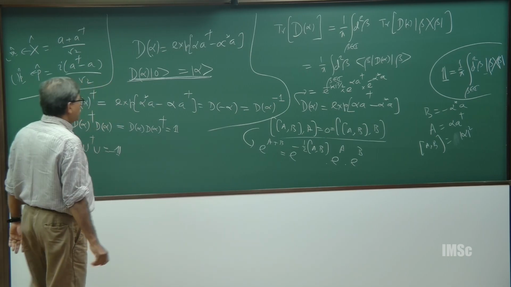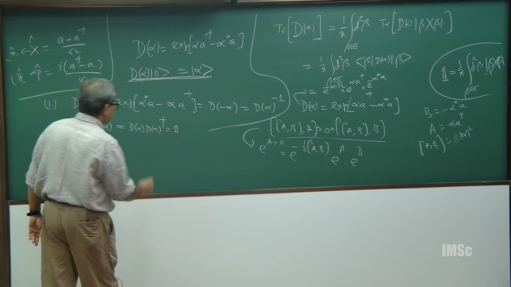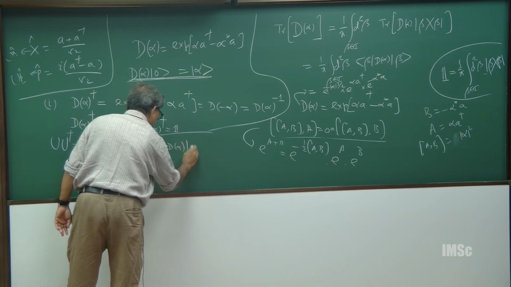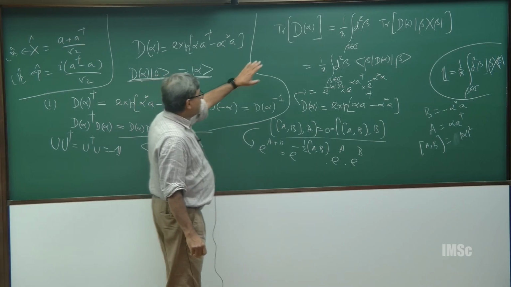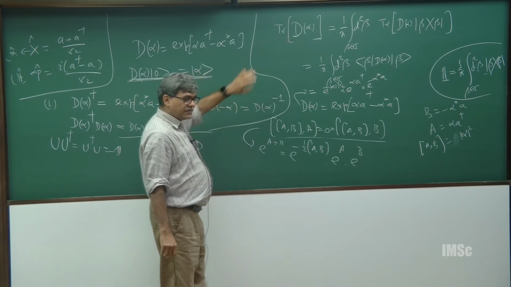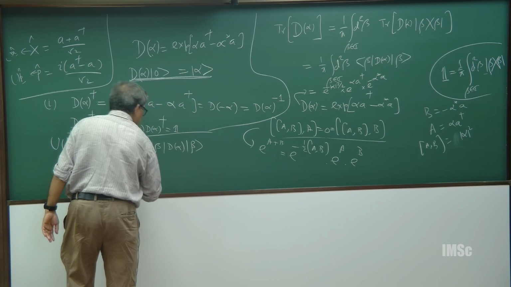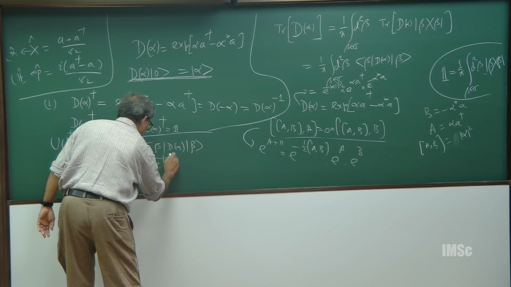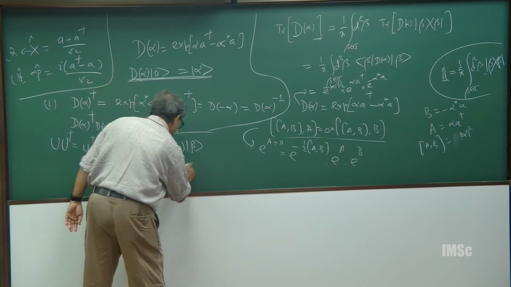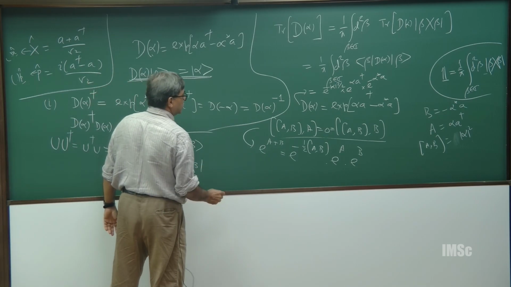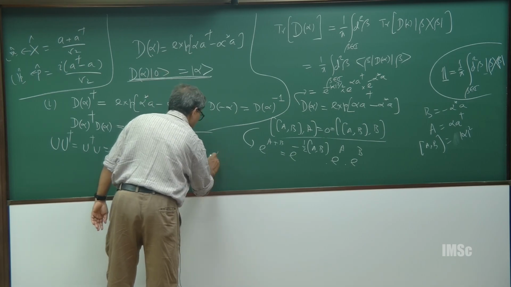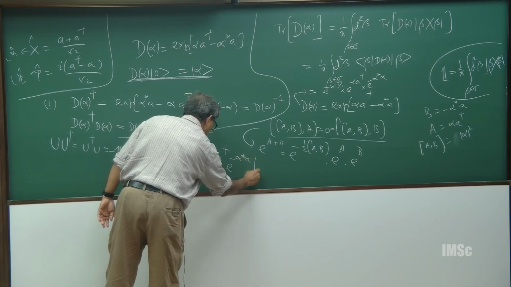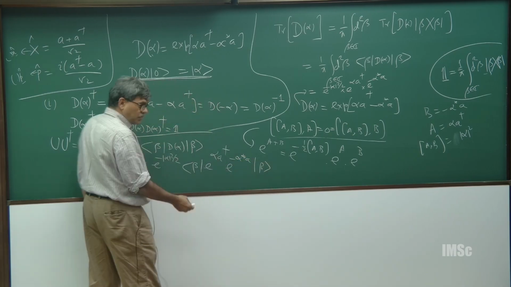Okay. So, now let us look at this expression, beta D alpha beta. Why I am considering this will become clear later. Why I am considering the trace of this. If I use this formula, this is e to the power minus mod alpha square by 2, then beta, e to the power alpha A dagger e to the power minus alpha star A acting on beta. Now, what is this?